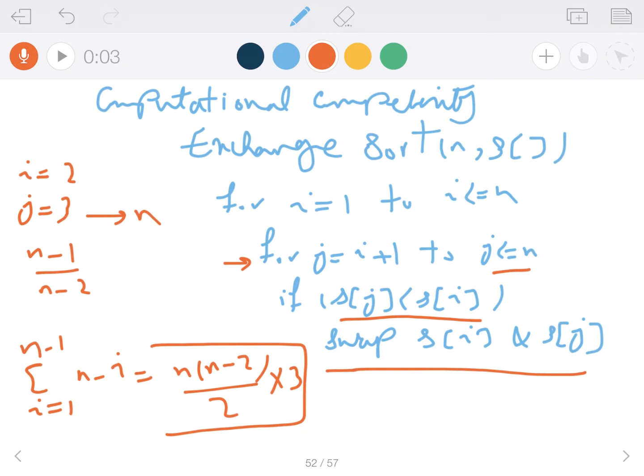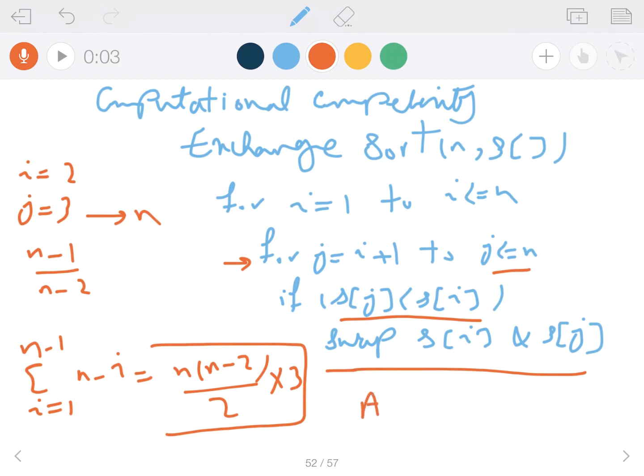In the average case it might be that sometimes S of I is not less than S of J, and then we can see how many assignments we'll have. If we also consider that the distribution is uniform, we can have the same probability for all these values, so we can find the average case.